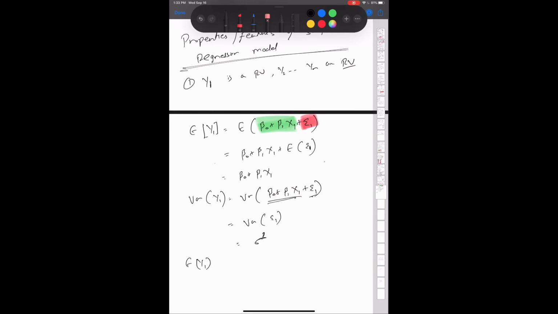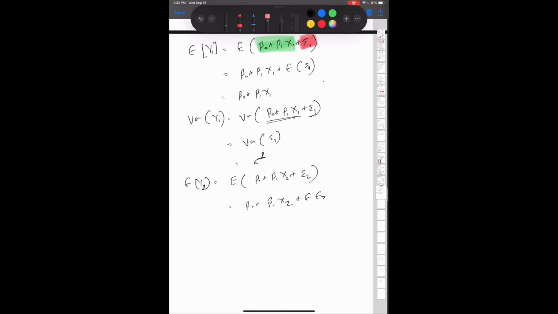What about the expectation of y2? It's the expectation of beta 0 plus beta 1 x2 plus epsilon 2, so there is beta 0 plus beta 1 x2 plus the expectation of epsilon 2. Since epsilon 2 is also a mean 0 random variable, the expectation of y2 is beta 0 plus beta 1 x2 plus 0, which is just this.